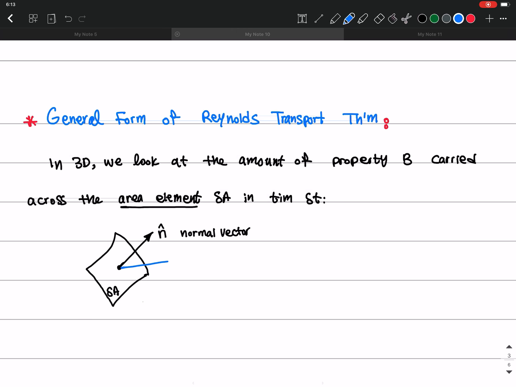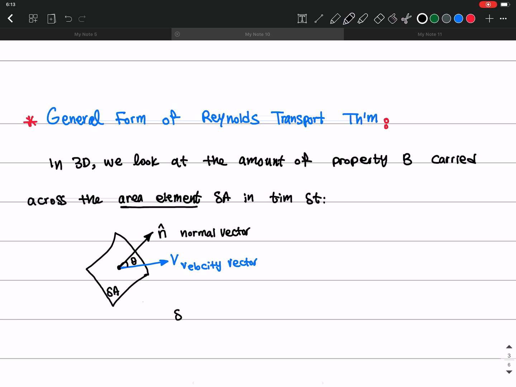So this is V, the velocity vector. And these two make an angle of theta with each other. Okay, so now we write this Reynolds transport theorem for this surface element.